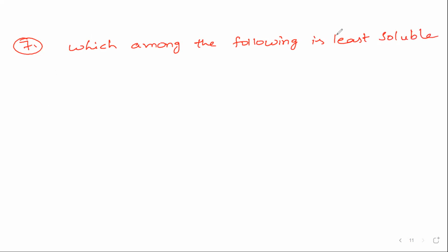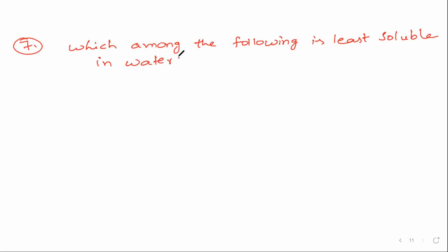Question number 7. Which among the following is least soluble in water?